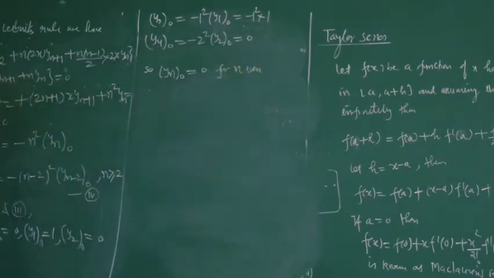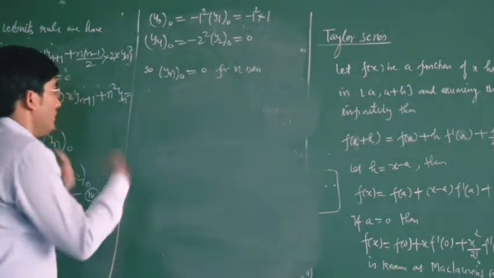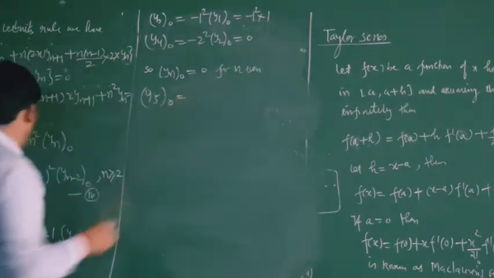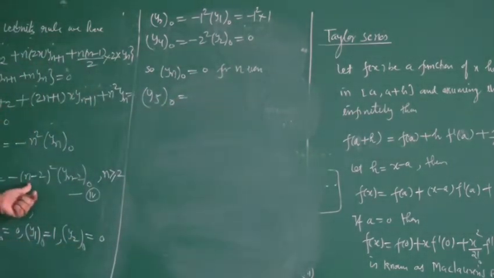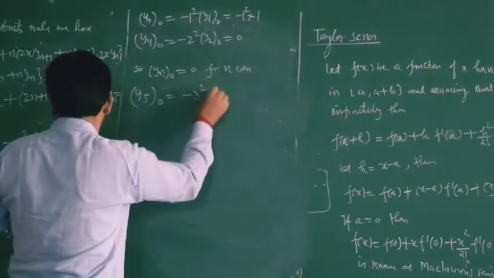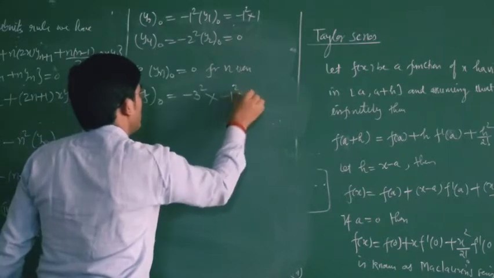Now, if n is even, then our yn(0) is 0. If n is odd, then let us compute y5(0). For y5(0), we put n equal to 5 here, so this will be minus 3 square, then y3(0) was minus 1 square into 1.